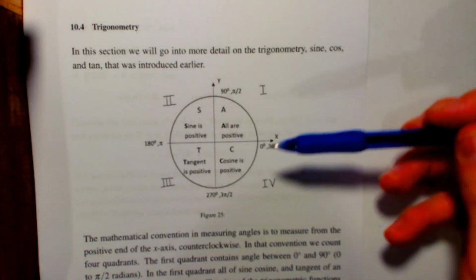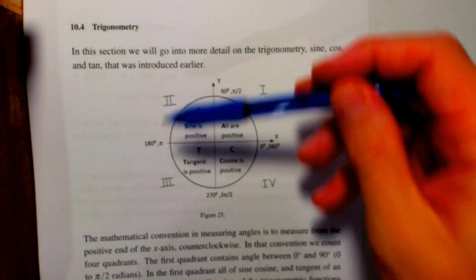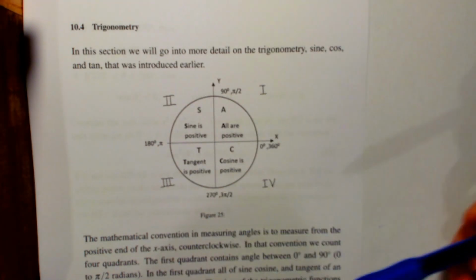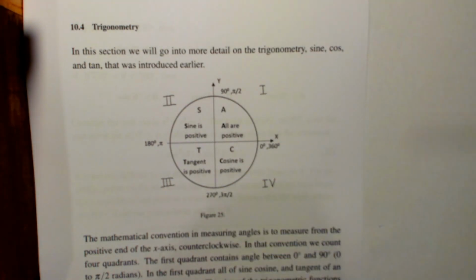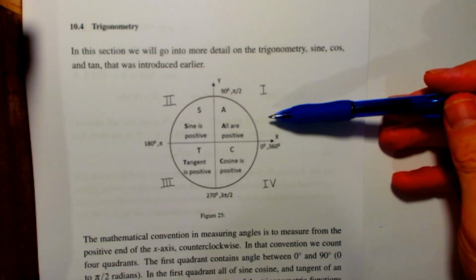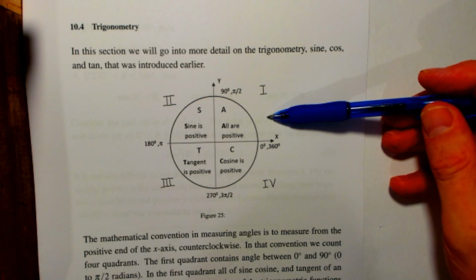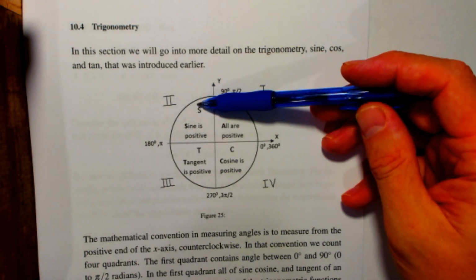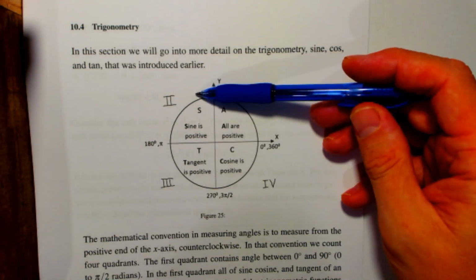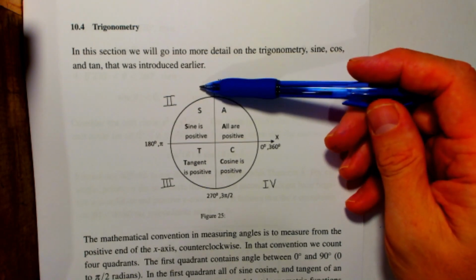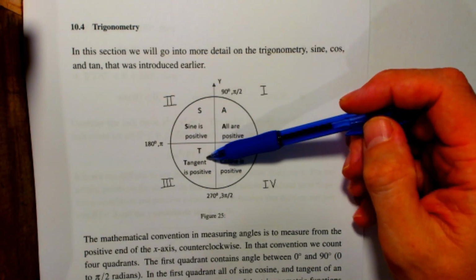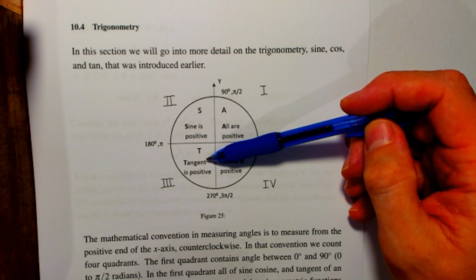So the sign of each of these in the first, second, third, and fourth quadrant are: in the first quadrant, sine, cos, and tan are all positive. In the second quadrant, sine is the only one that's positive. Cos and tan are negative. In the third quadrant, tan is the only one that is positive.